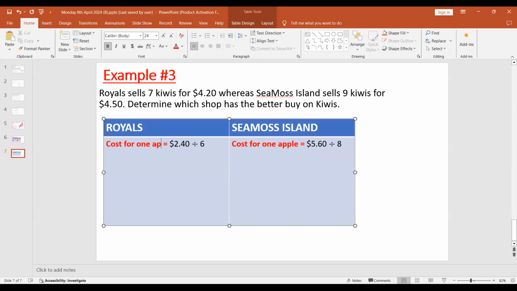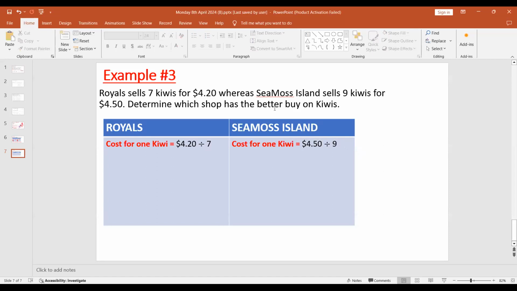The cost for one kiwi at Royals is going to be $4.20, and we're going to divide that by 7. And the cost for one kiwi at Sea Moss Island is going to be $4.50, but we're going to divide this one by what? By 9.